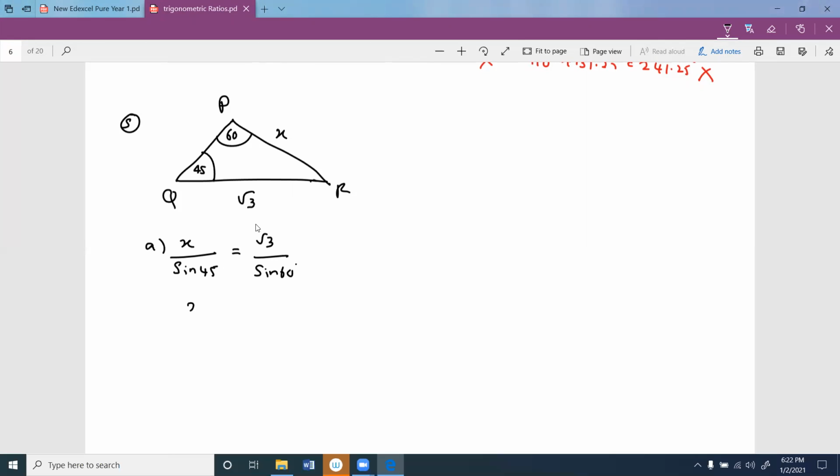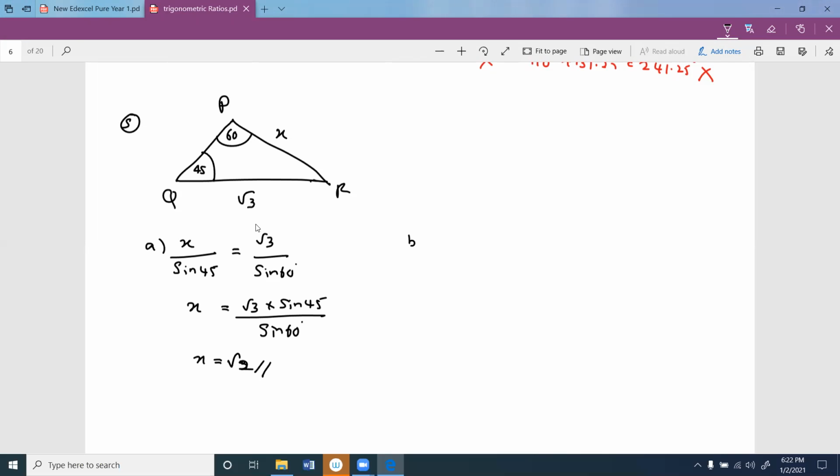With that, x is equal to root 3 times sine 45 divided by sine 60. That gives root 2, so x becomes root 2. Root 2 is the answer.